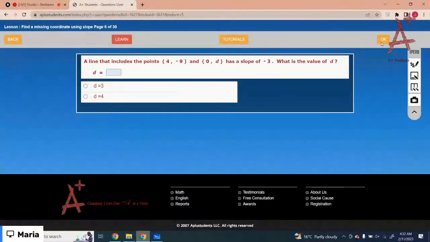Okay, the next one is a line that includes the point 9, 0, d and has a slope of negative 3. What is the value of d? Okay, the slope is negative 3. M equals negative 3.